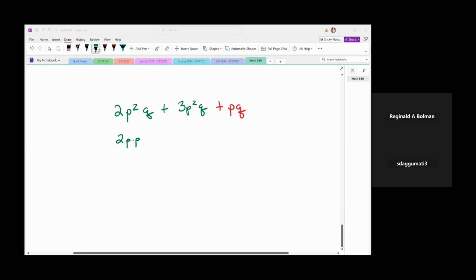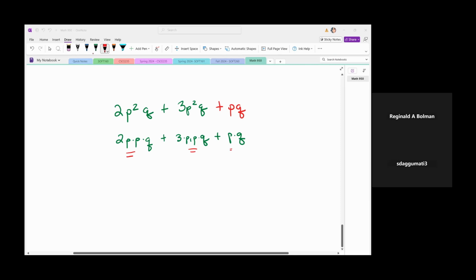The p squared, for example, is actually p times p. So 2p squared q would be 2 times p times p times q, and 3pq is 3 times p times q, and this pq is just itself. Then I hope you can see that you're not dealing with the same number of p terms, even though the number of q terms happens to be the same.